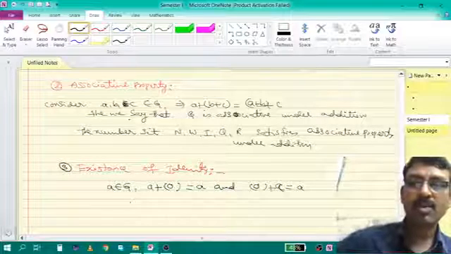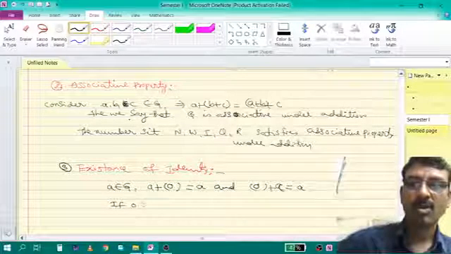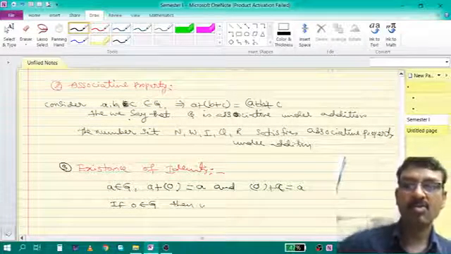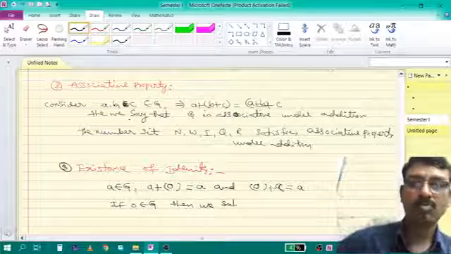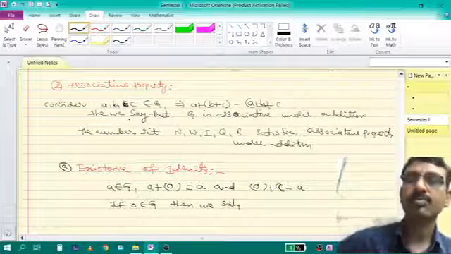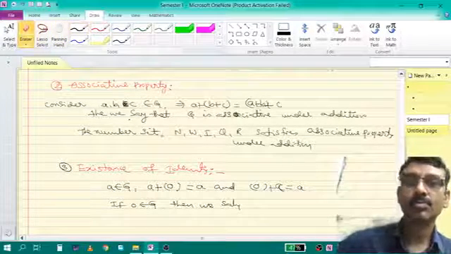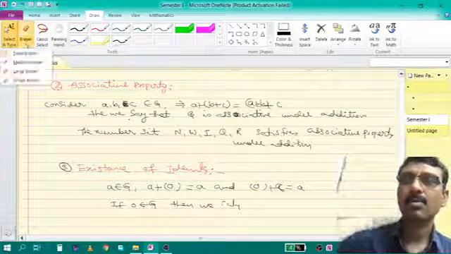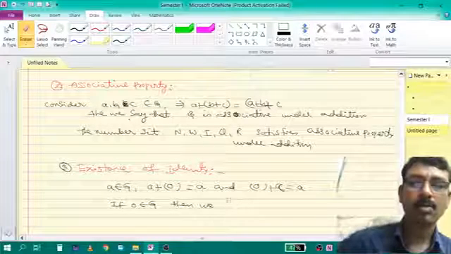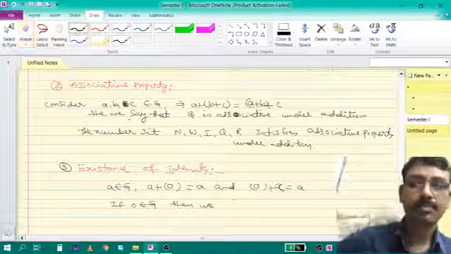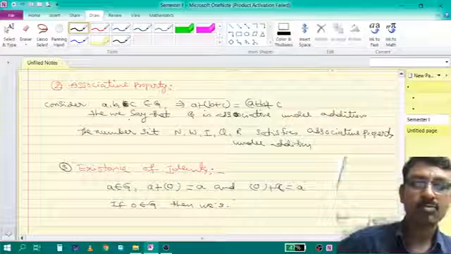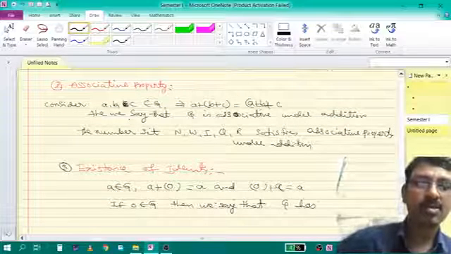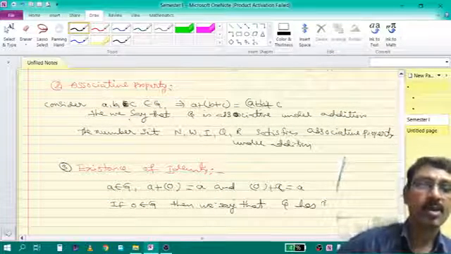So if 0 belongs to the set Z, then we say that G has identity element.